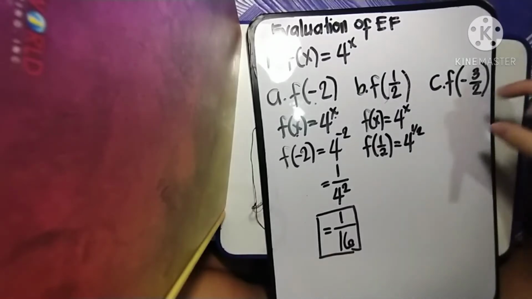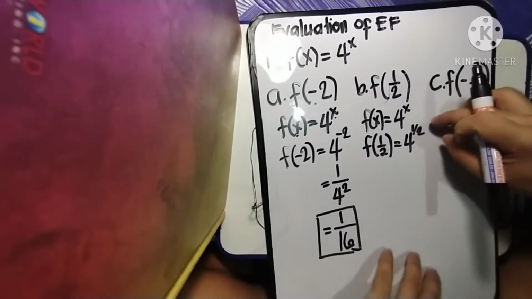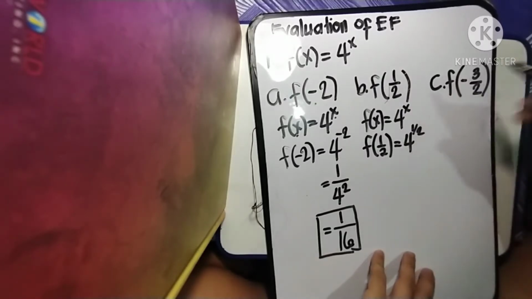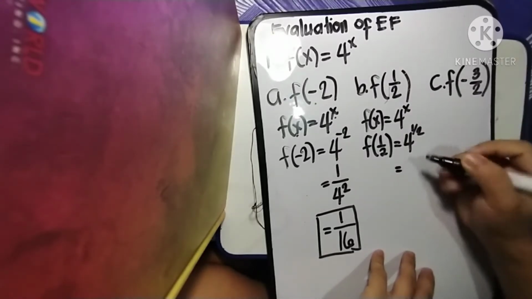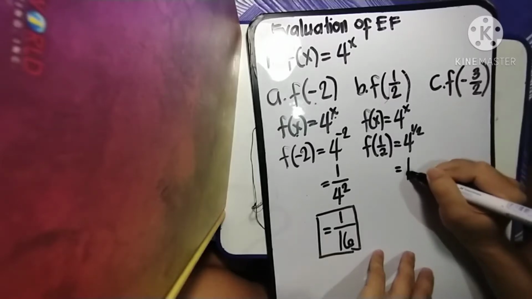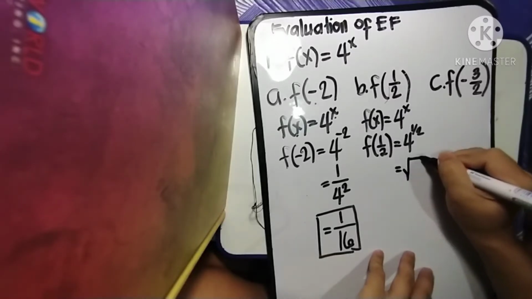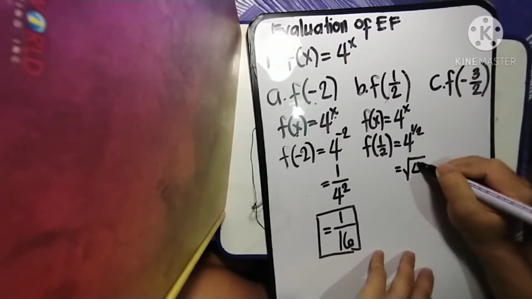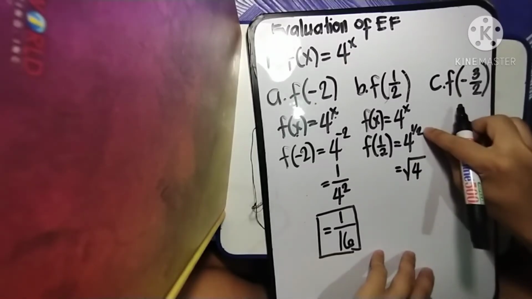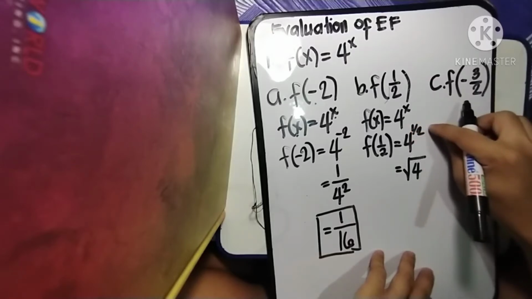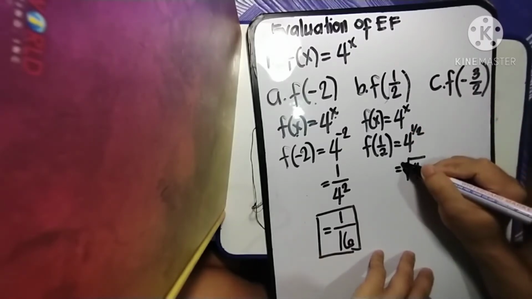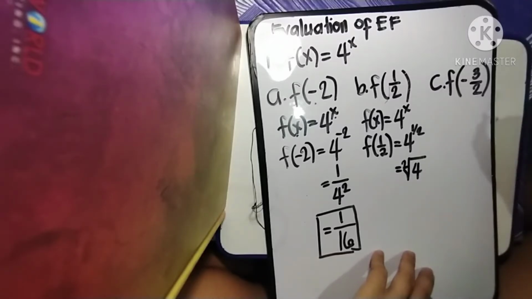Now, if this is the case, we need to rewrite this into radical form. So take note, radical form, we use the radical sign. Copy the base, which is 4, then the denominator of this fractional exponent will become the index.